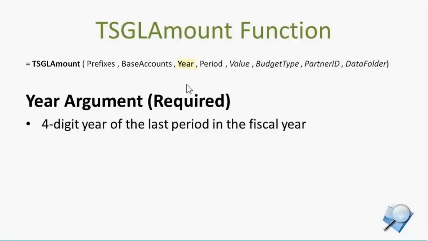We can go back many periods. So as I'm sure most folks in this line know, the general ledger account stores up to 24 prior period activity amounts. So that makes it easy to roll back that number of periods.